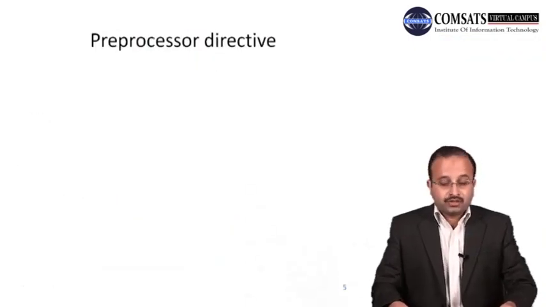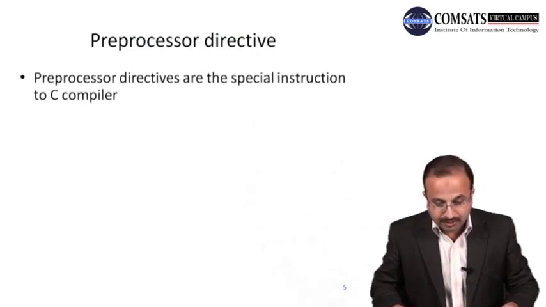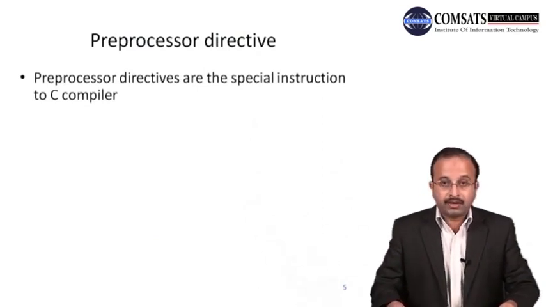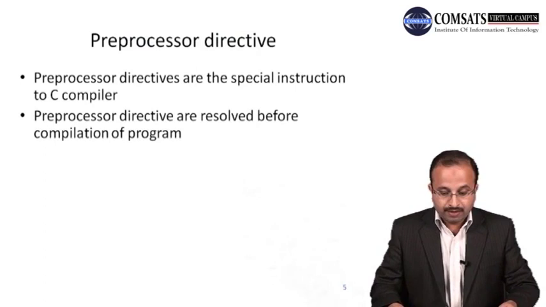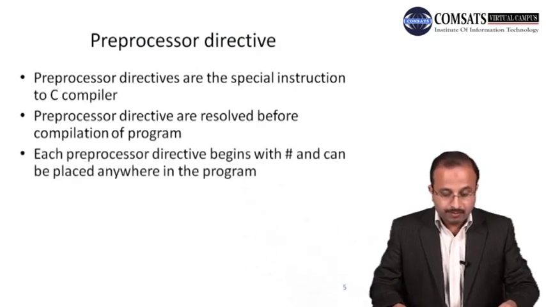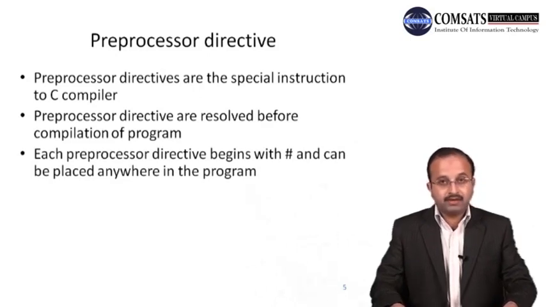Now preprocessor directives. Preprocessor directives are special instructions to the C compiler, and preprocessor directives are resolved before compilation of the program. Each preprocessor directive begins with hash and can be placed anywhere in the program. So until now we have seen the preprocessor directive hash include, and we place it at the beginning of our source code file.